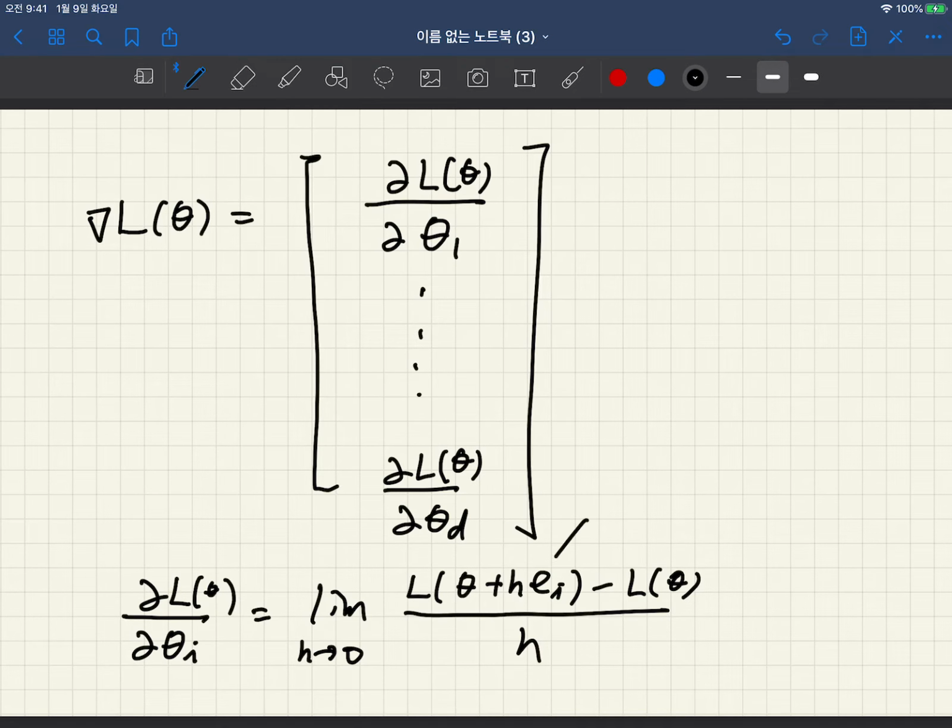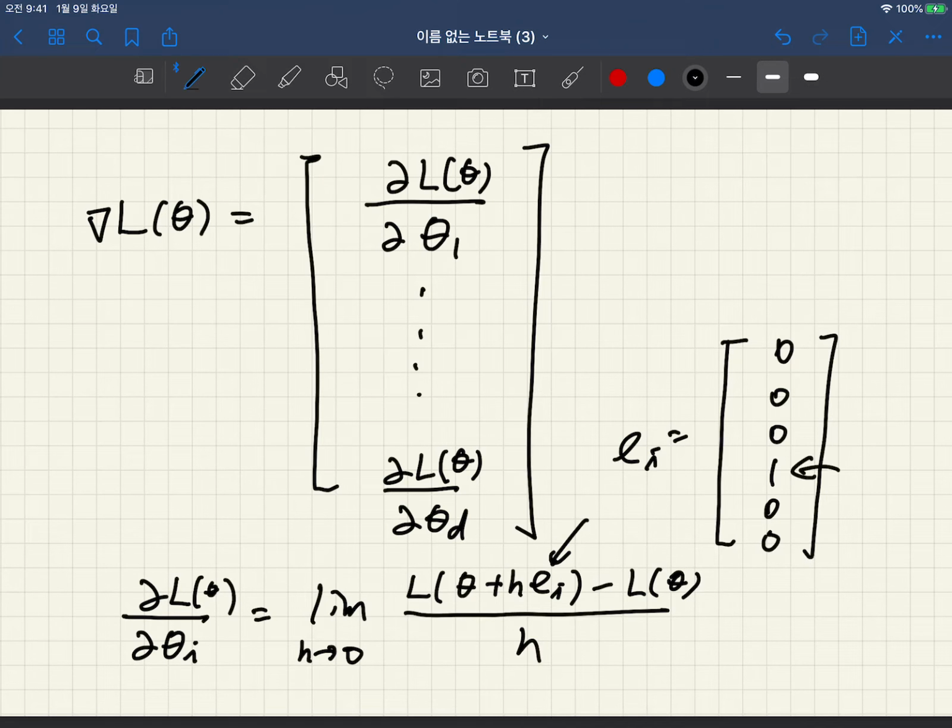Here e_i is the all-zero vector except one element, where the location is the i-th coordinate. This index indicates the index of the vector having the one value. So this is the definition of a partial derivative, and this is the definition of the gradient vector.